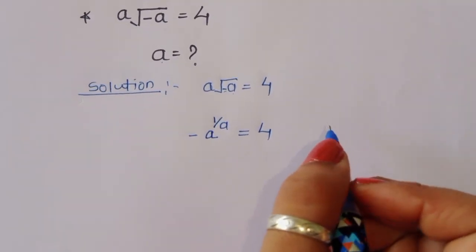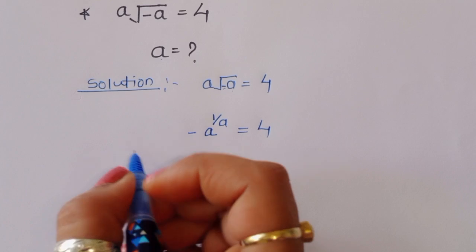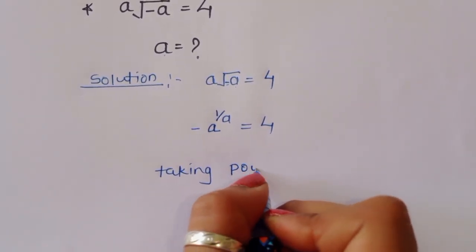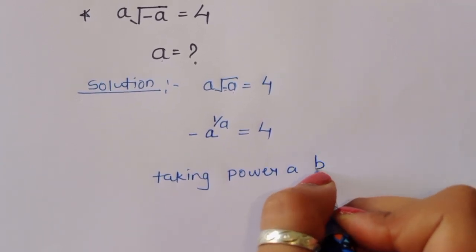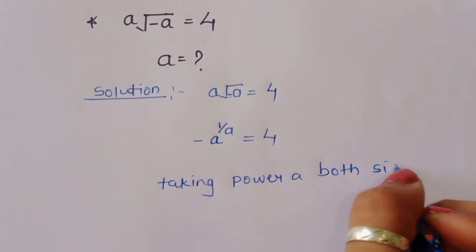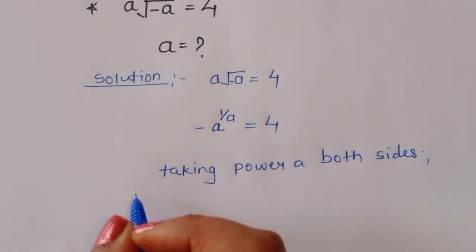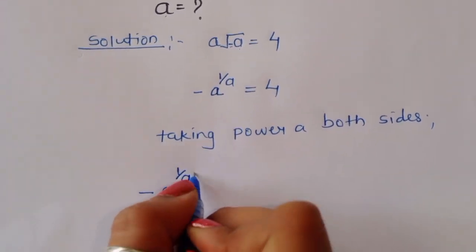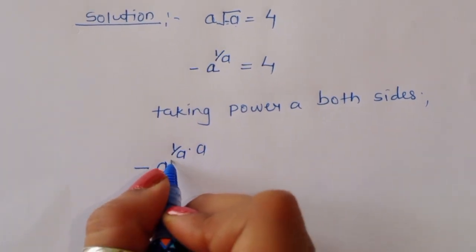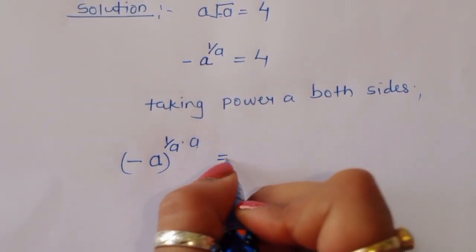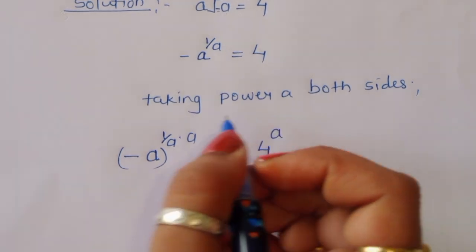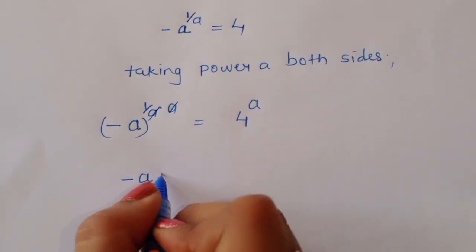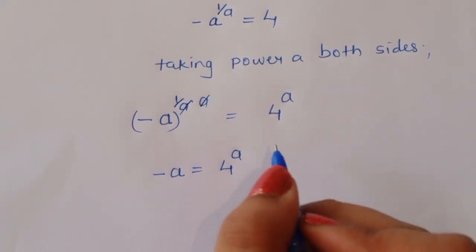Now we can take power a on both sides. Then we get minus a to the power 1 upon a, to the power a, is equal to 4 to the power a. Now this a cancels with this a, so minus a is equal to 4 to the power a.